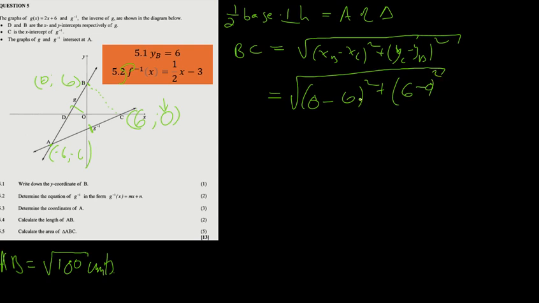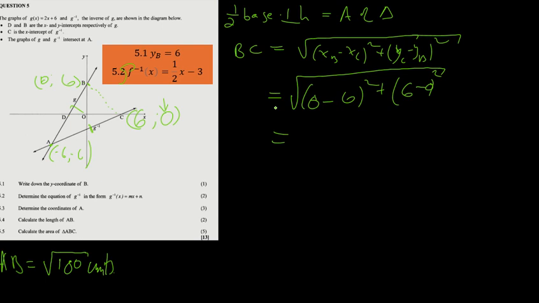Here xb is 0 minus 6 squared, plus yc is 6 minus 0, this 0 here, and you square that. So it's the same as 6 squared plus 6 squared, which is 36 plus 36. That is the same as 72.